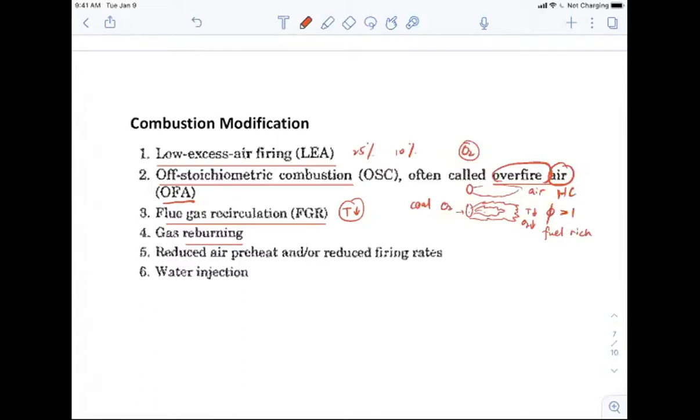You can reduce the air preheater or reduce the firing rate. This is the same, to reduce the temperature, right? Or you could even inject water into the combustor. So this is more like firefighting, right? You just introduce water in there to absorb that extra heat, and then reduce the temperature.